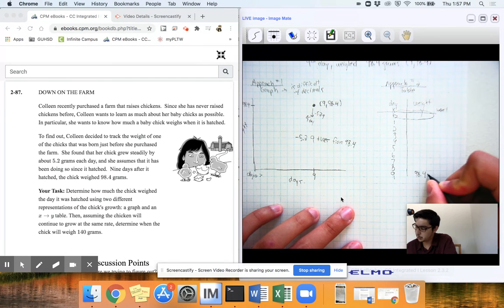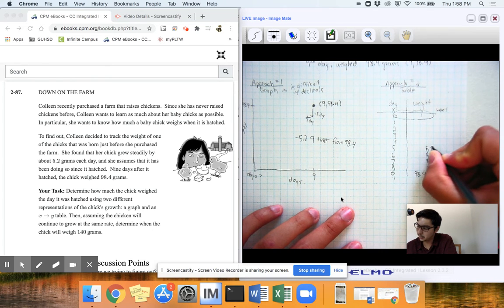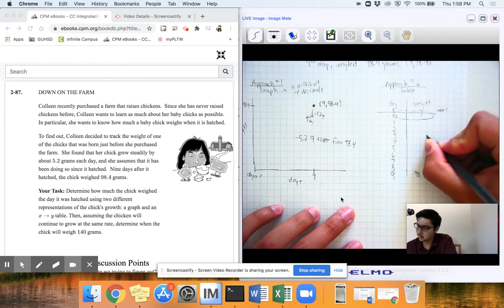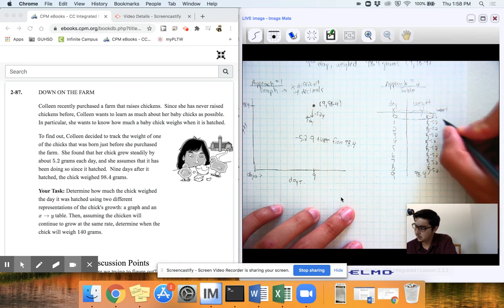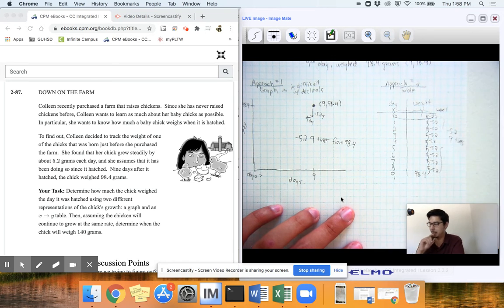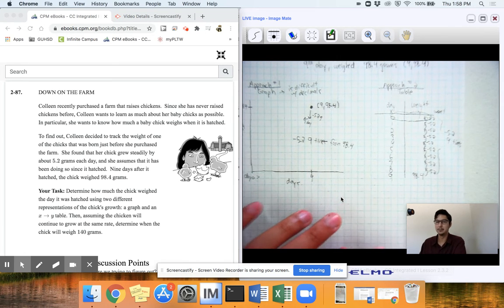Well, you would just subtract 5.2 all the way back to day 0. You would probably use a calculator, because with decimals it can be tricky to do this without one. Like I just said, how many times do you subtract 5.2? We end up subtracting 5.2 nine times.